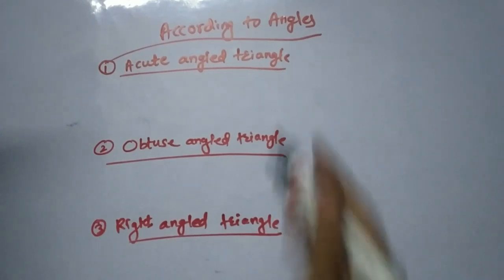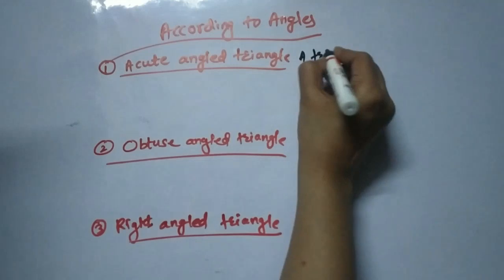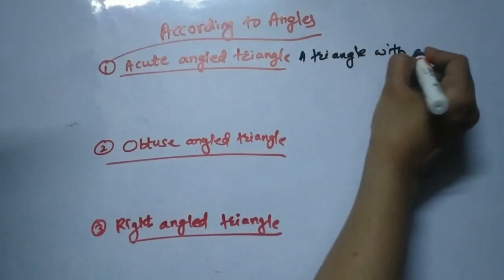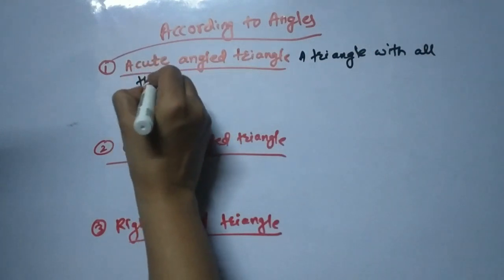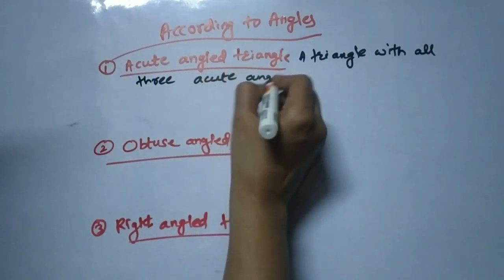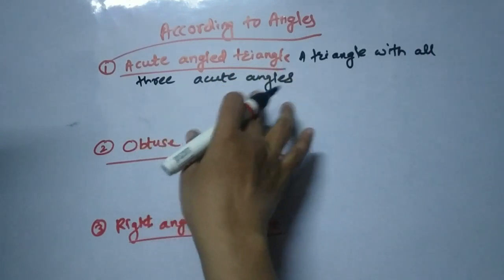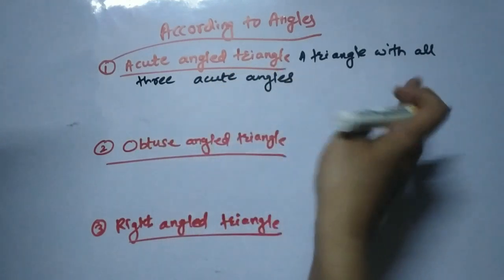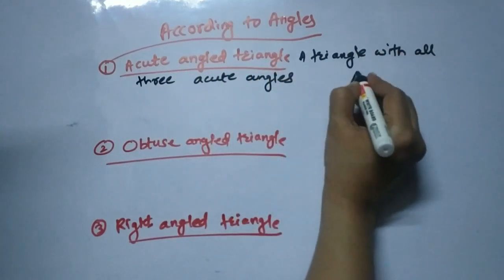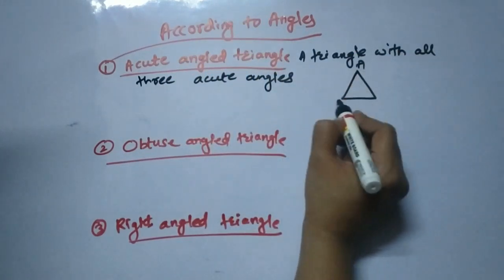So you can see the definition here: a triangle with all the three acute angles. As you know, three angles are there in one triangle, so all the three should be acute angles. Then only you can call the triangle an acute angle triangle. For example, this is a triangle ABC.